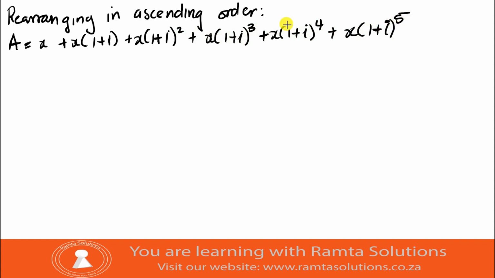Right? So this looks like a geometric series. By now you know it's a geometric series, and its first term is X. Its common ratio, as you can see, X into 1 plus I all over X is 1 plus I.